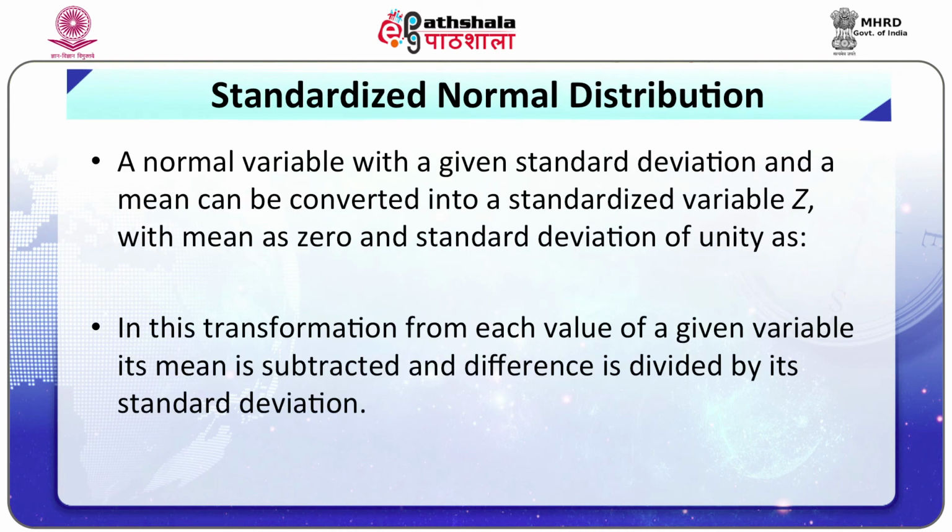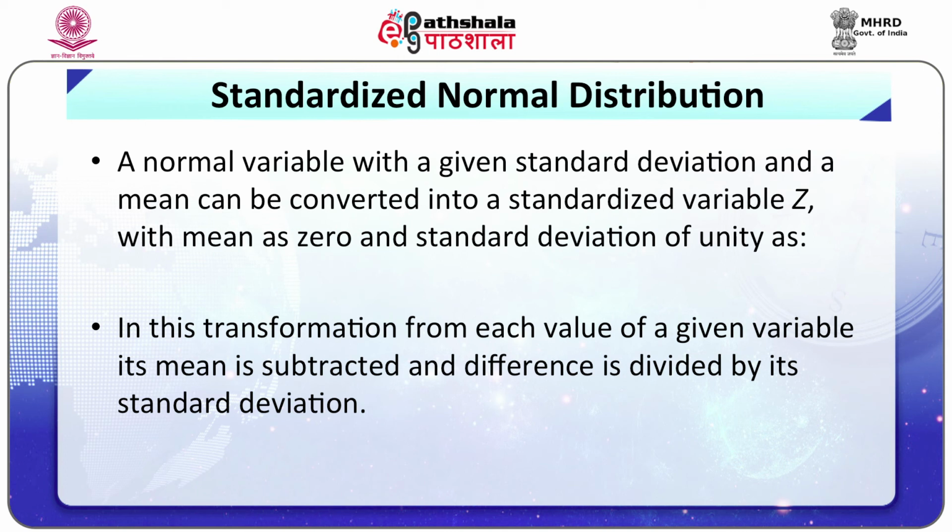Another important thing in this direction is standardized normal distribution. A normal variable with a given standard deviation and mean can be converted into a standardized variable z with mean as 0 and standard deviation of unity.